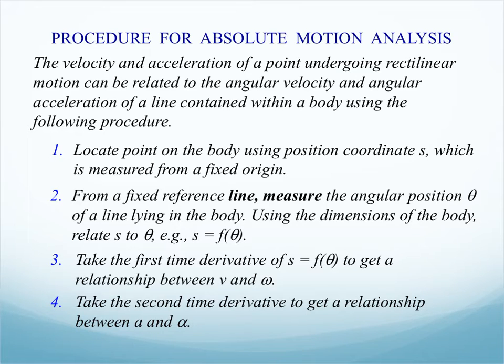So s might be a function of the angle. Then, the way that we find a relationship between velocity and angular velocity is to take the time derivative of that expression, and you'll get a relationship between the linear velocity and the angular velocity. You can then take a second derivative to get the relationship between linear acceleration and angular acceleration.